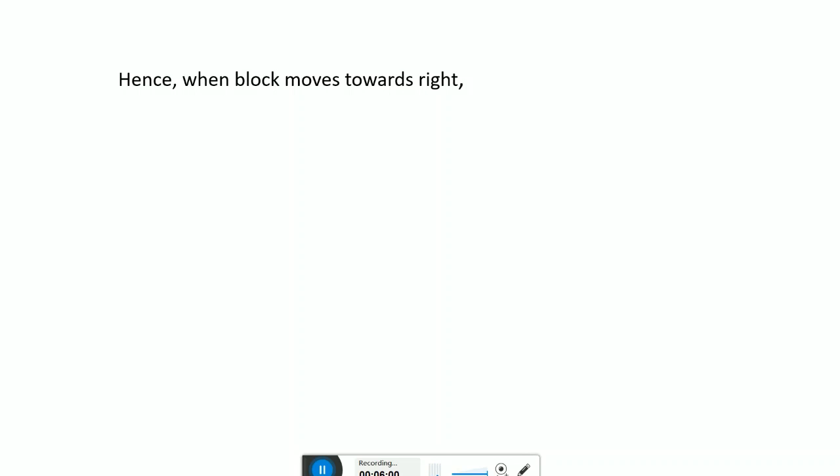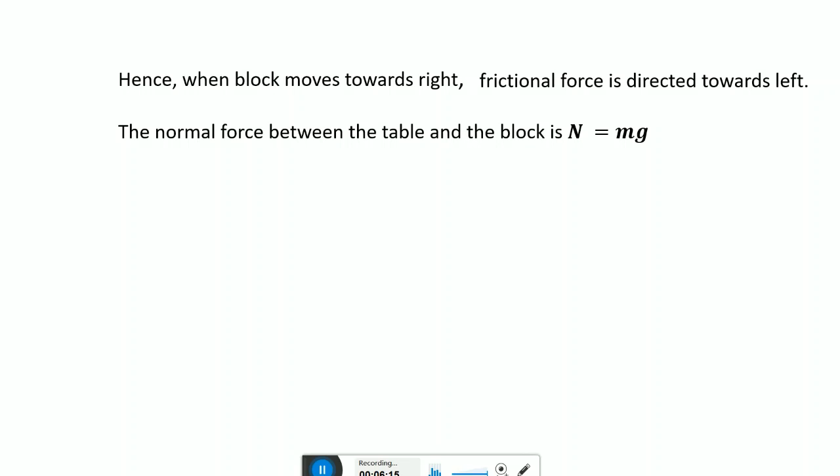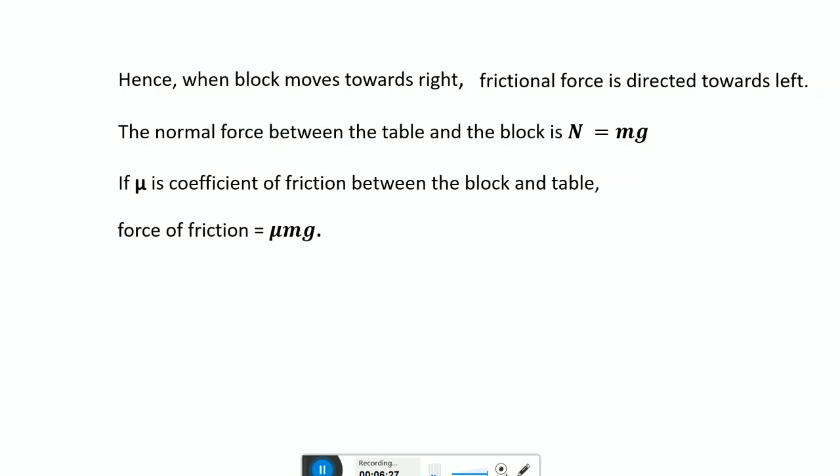So from the figure, when the block moves towards the right, that is from A to B, then the frictional force is directed towards the left. N is equal to mg, the normal force between the table and the block. If mu is the coefficient of friction between the block and table, then the force of friction is equal to mu mg, where g is acceleration due to gravity and m is the mass of the block.